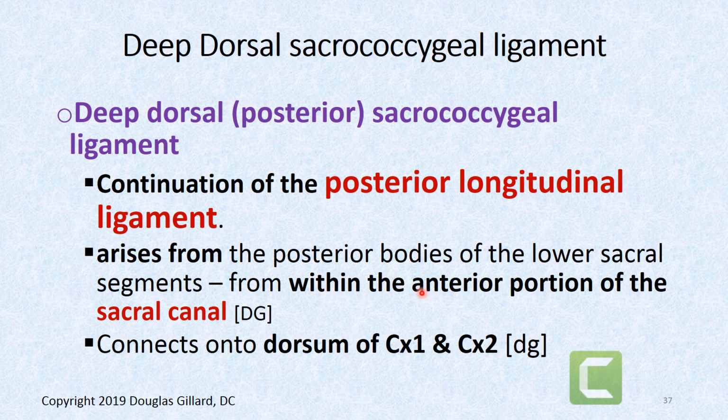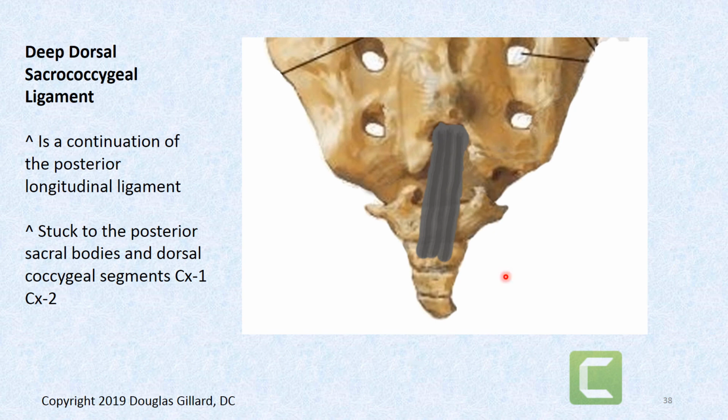It comes from within the anterior portion of the canal, and it connects usually to the dorsal part of CX1 and CX2. Let's look at a picture. It's a cartoon I drew. There's the back of the sacrum, lower sacrum, the dorsum, the backside of the coccyx, our coccygeal cornua, sacral cornua. But this one is plastered to the bone, stuck to the bone, and that's the deep dorsal sacrococcygeal ligament.